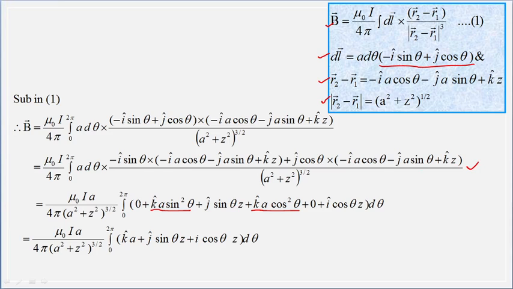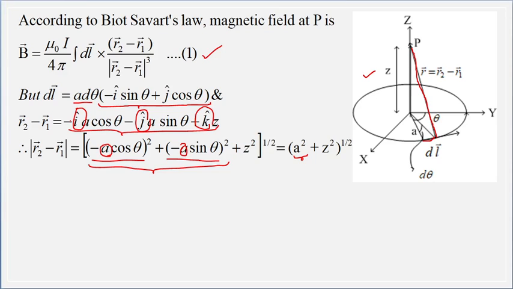Then next, the limit is from 0 to 2 pi, because with this theta you start from here, the element is here, and you have to go on choosing the element like this for one round.